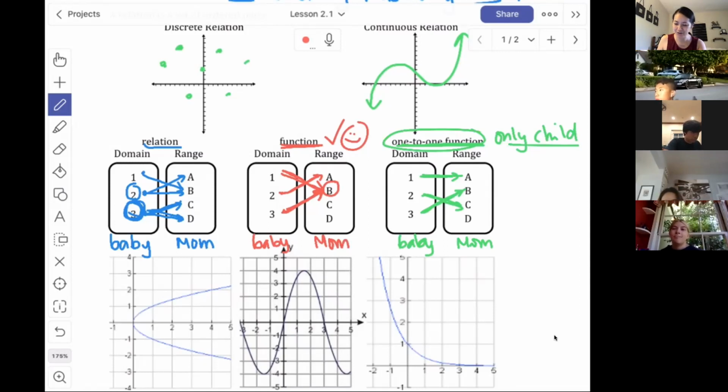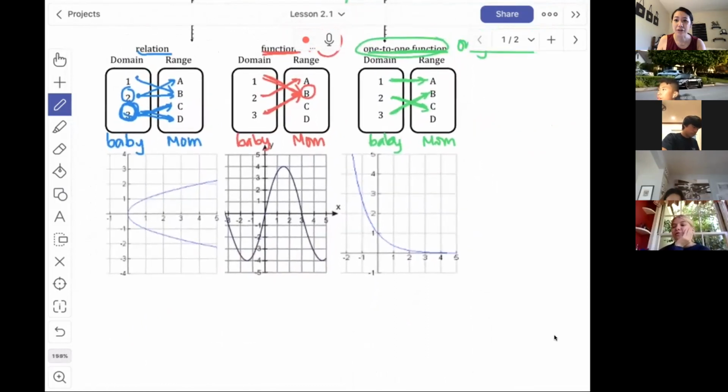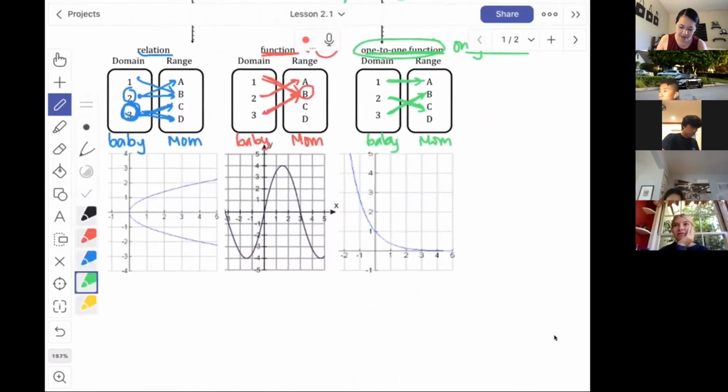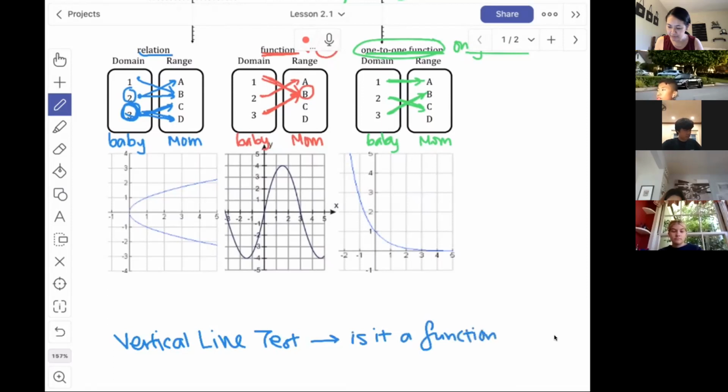All right, let's go to our graphs here. So let's try it with our graphs. I'm going to go a little faster now. To test if it's a function, you're going to do the vertical line test. In this case, it doesn't pass the vertical line test.